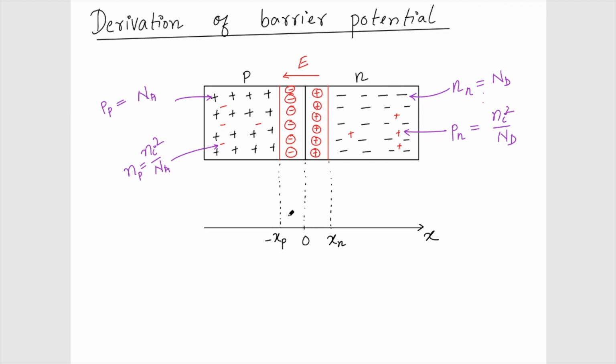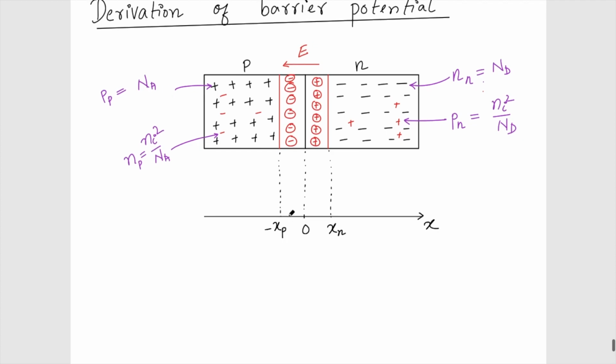As we have discussed, the diffusion of these holes from this side to this side, resulting in a current in this direction, is equal to the drift current of these holes by the electric field. So I drift due to the holes is equal to I diffusion, again due to the holes.